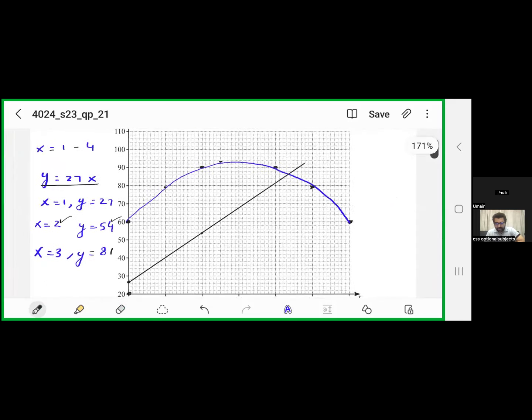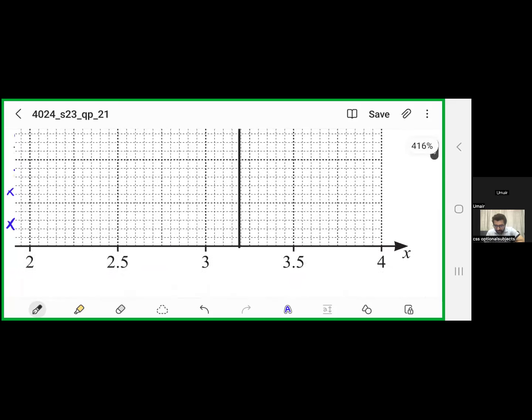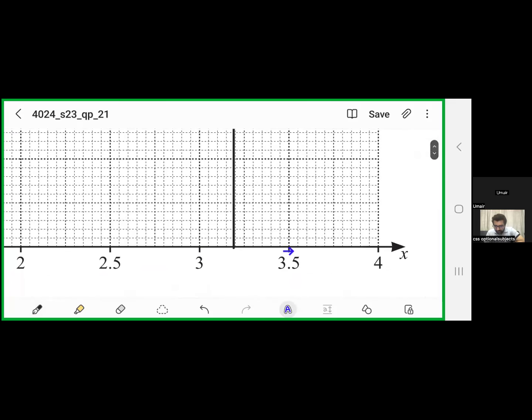Now, where these 2 lines intersect, this will be the value or the answer you are looking for, and that is equal to the x coordinate for that one. This is 3, this is 3.1, this is 3.2, this is 3.3, this is 3.4.